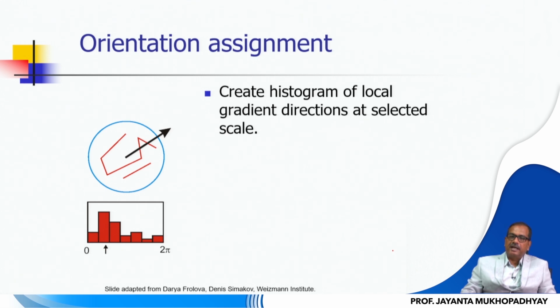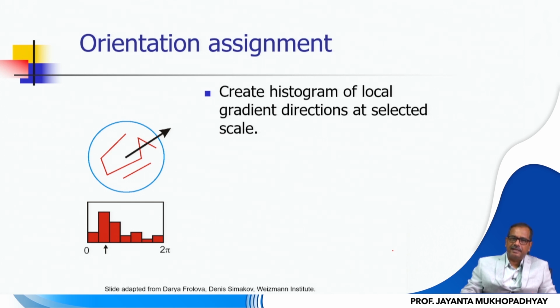Now, another thing we would like to assign is the dominant orientation. For that, as I was mentioning, we can create a histogram of local gradient directions at a particular selected scale. Once you have selected the scale, you consider only that scale when measuring those gradient directions. That is important.